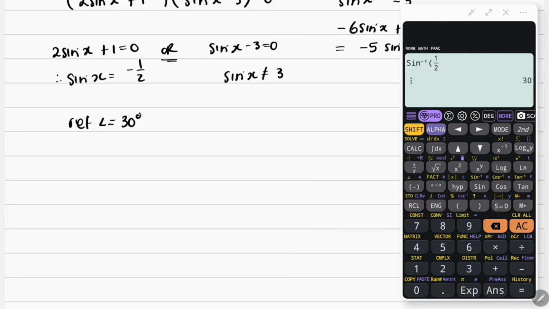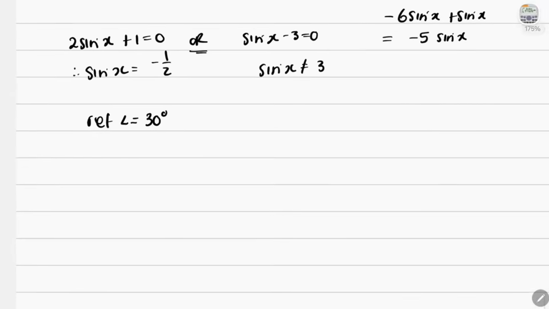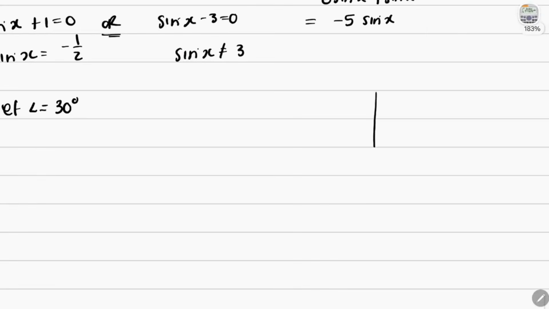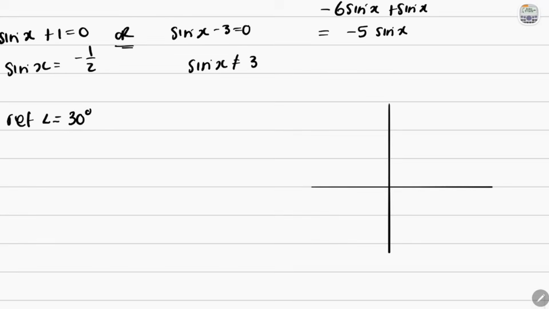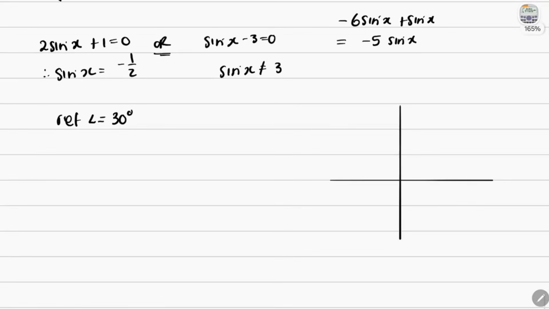Okay, and that will give you the reference angle. So we can see that it's 30 degrees. Okay, now that we know that, we can use the cos diagram and ask ourselves, where is sine negative? Okay, sine is negative in the third and the fourth quadrant, in tan and cos's quadrant. The reductions there are 180 degrees plus theta and 360 degrees minus theta.